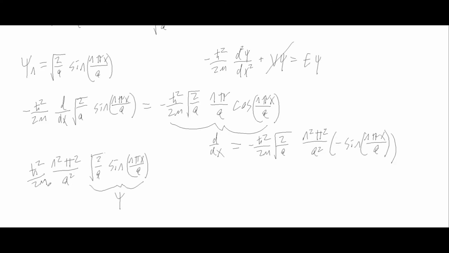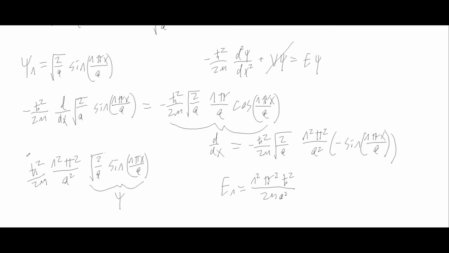If this should look familiar from the previous video, we said that En was equal to, I'll write it the same way I had it in the previous video, n squared pi squared h bar squared over 2ma squared.